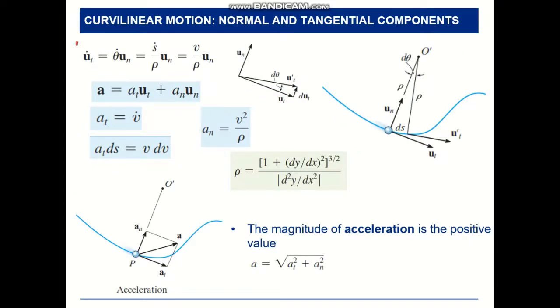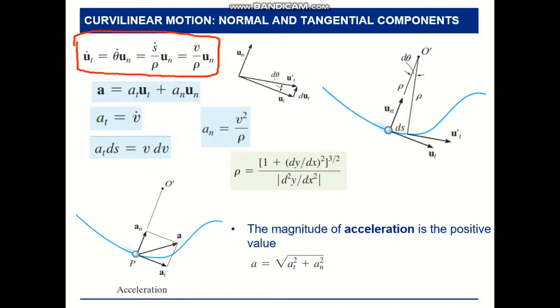So if we summarize it, u prime, the first derivative of the tangential unit vector, is v over rho times the normal unit vector.